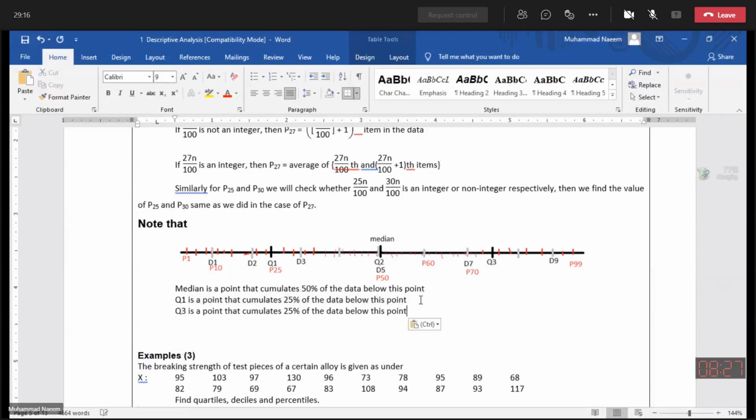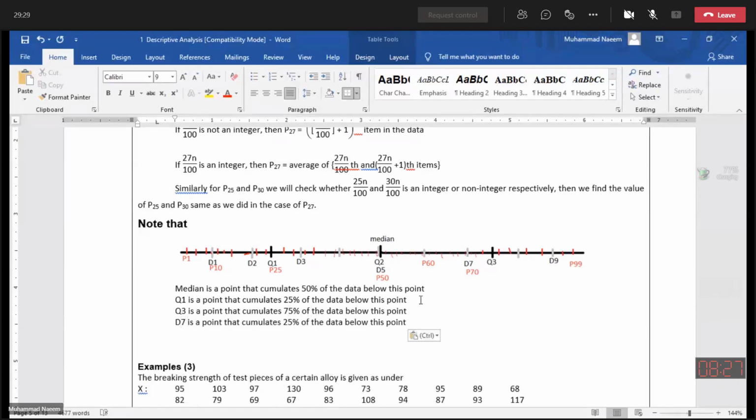Q3 is a point which accumulates 75% of the data below this point. D7 is a point that accumulates 70% of the data below this point.